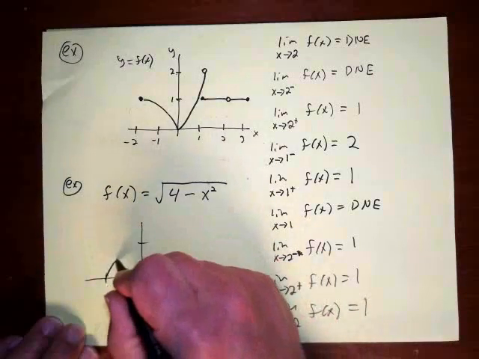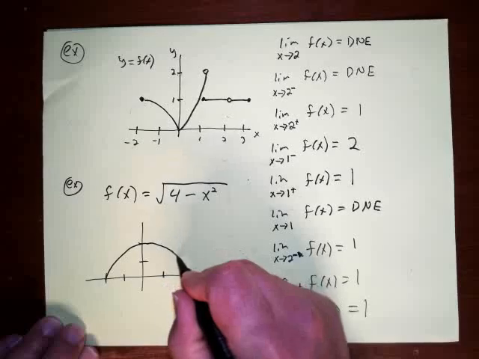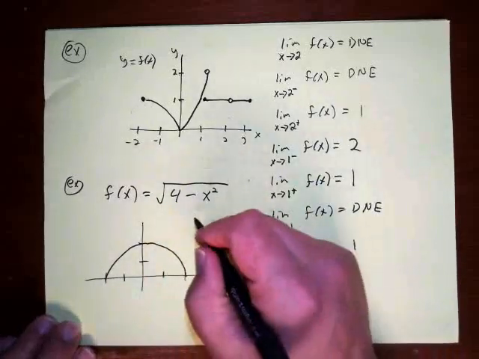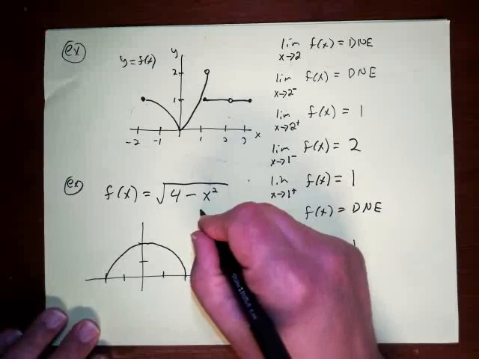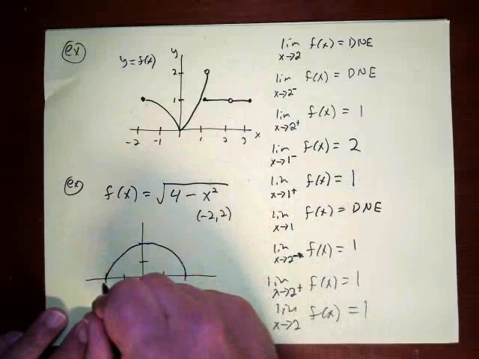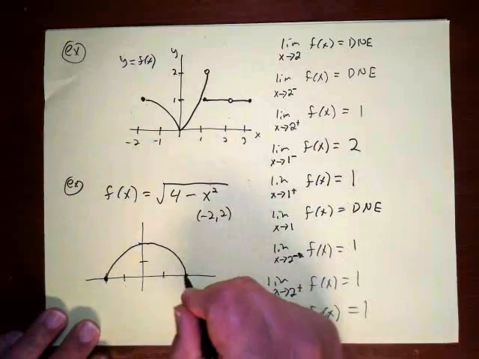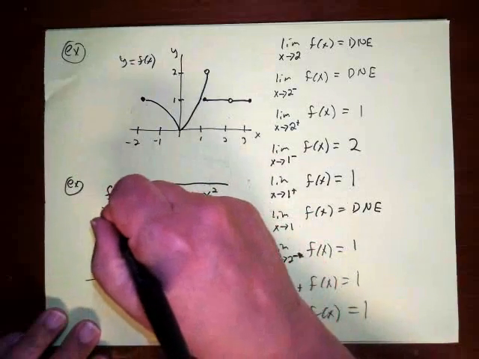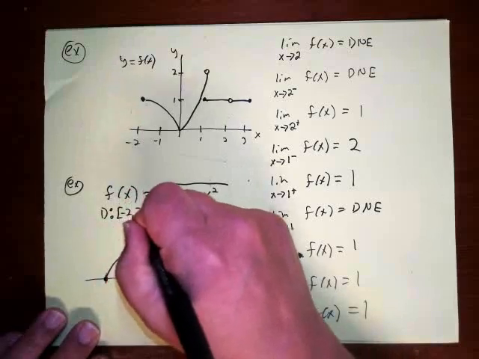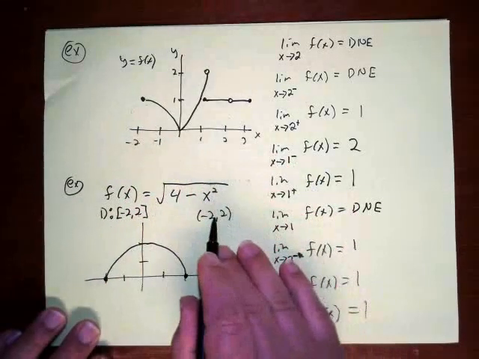So it would start here, it would go up, okay, and it would go down there. And really, for anything between -2 and 2, okay, so the domain here, let me just say, the domain is -2 to 2, right?